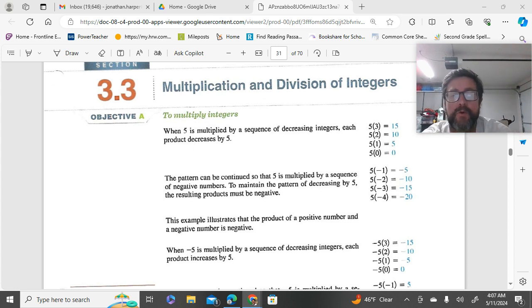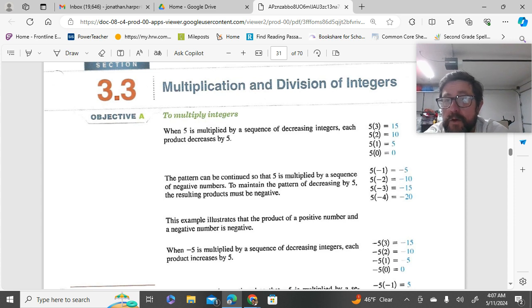The quotient is the word for division, and we have gone over that a lot this year, and we'll probably go over it more. So when 5 is multiplied by a sequence of decreasing integers, each product decreases by 5.